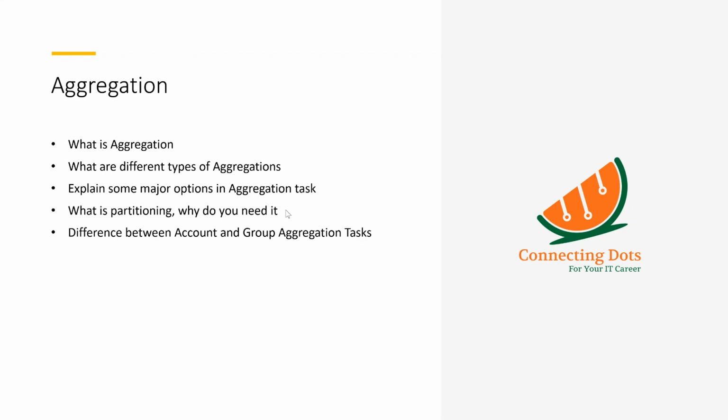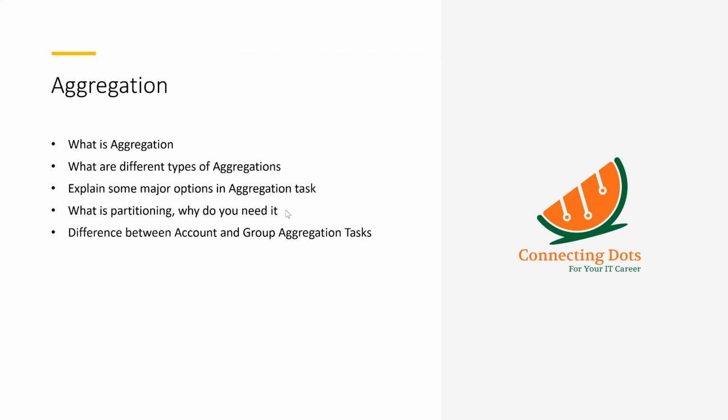Another difference is that in the account aggregation task, you will have the option promote managed attributes, which will create entitlements only for the users associated with those entitlements. If there is no user in that particular entitlement, we will not be able to get it.